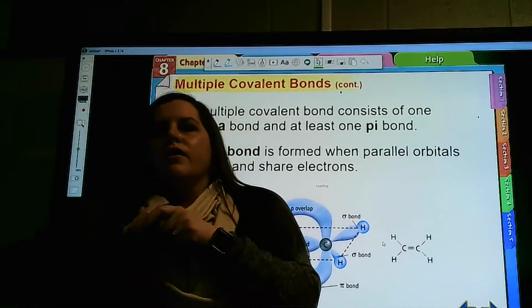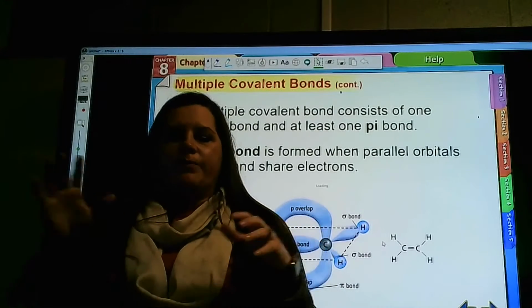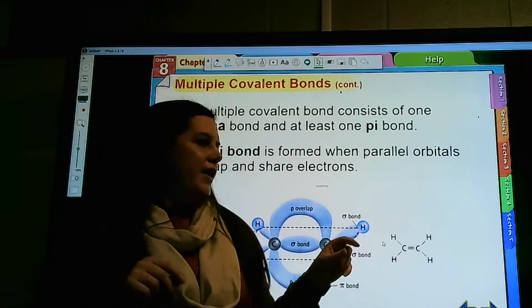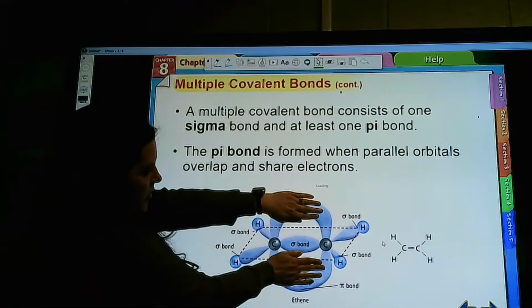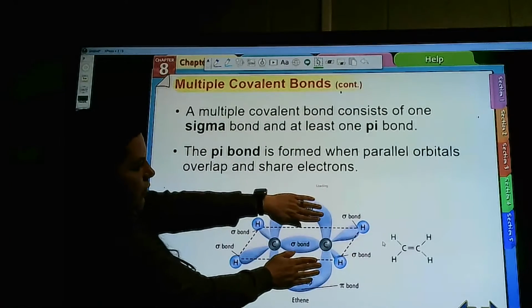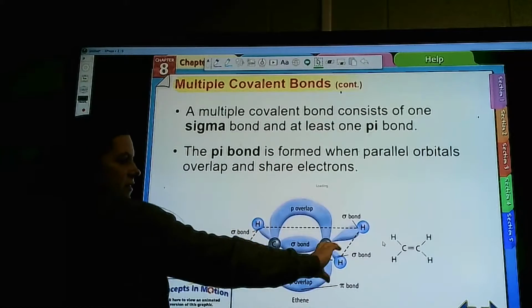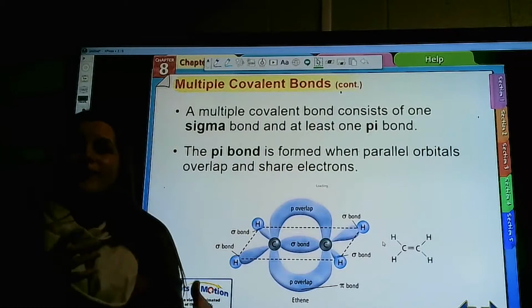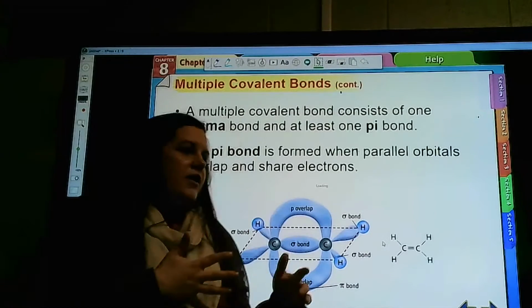If you think about it, this is how I want you to paint that picture for yourself. This is just showing a double bond. If it was a single bond, there would only be that amount of overlap between the 2 carbon atoms. With the double bond, we now have this overlap in the center and then this overlap here. Overlap meaning literally their orbitals have to overlap one another.